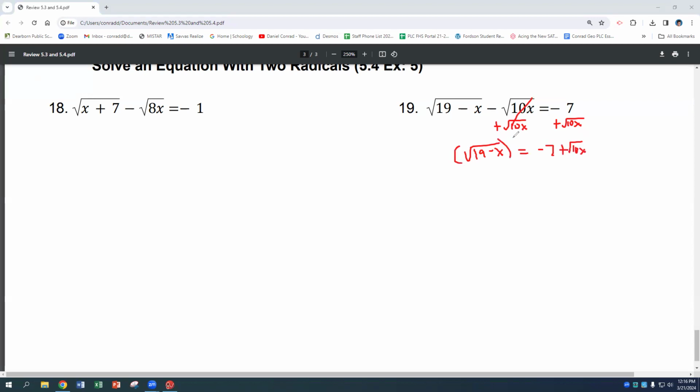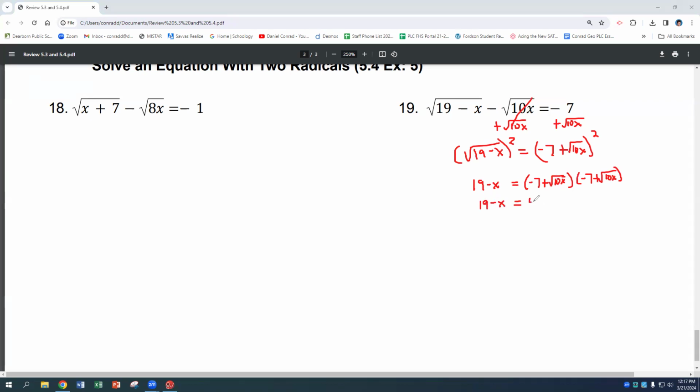I'm going to square both sides to get rid of the radical on the left. That's going to give me 19 minus x equals -7 plus square root of 10x, times -7 plus square root of 10x. So on the left, we still just have 19 minus x.